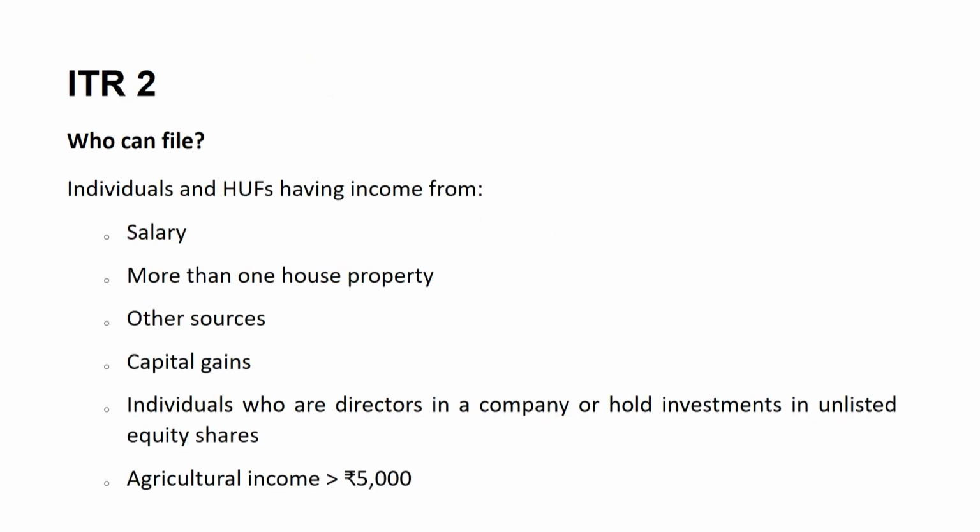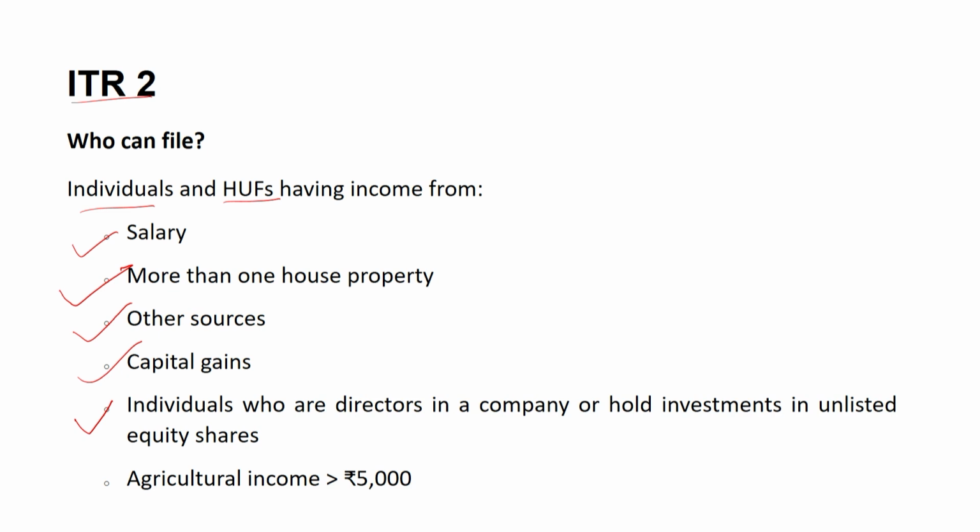Then the next one is ITR2. Under ITR2, individuals and HUF can file their returns. In this case, the various sources of income for individuals or HUF may be salary, house property income from more than one house, other sources income, and capital gains of short-term or long-term nature.